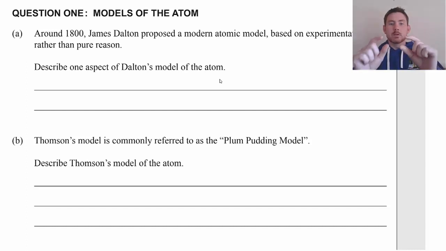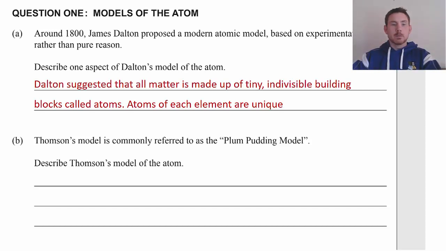And these particles that everything was made of would be pieced together to make up matter. The atoms for each element were unique, so the atom for hydrogen was different to that of oxygen. And so our answer might look something like, Dalton suggested that all matter is made up of tiny indivisible building blocks called atoms, and atoms of each element are unique.